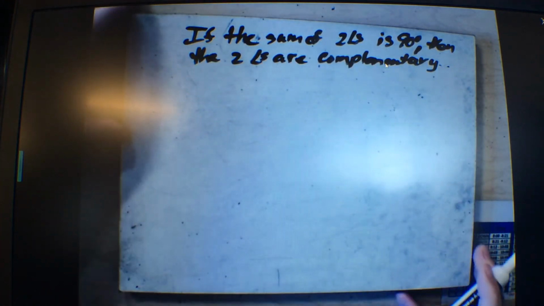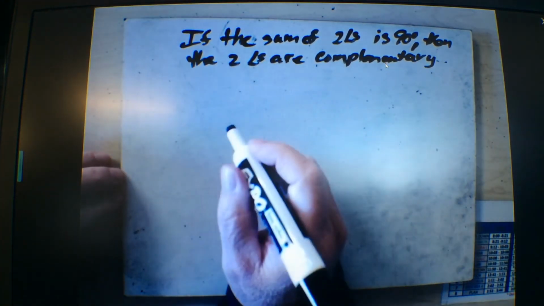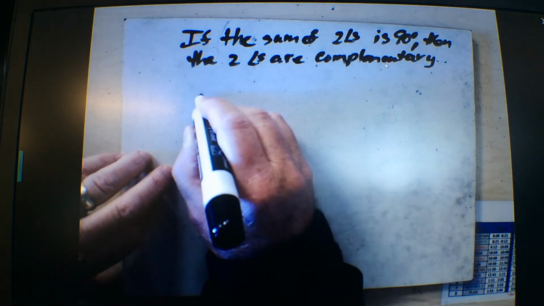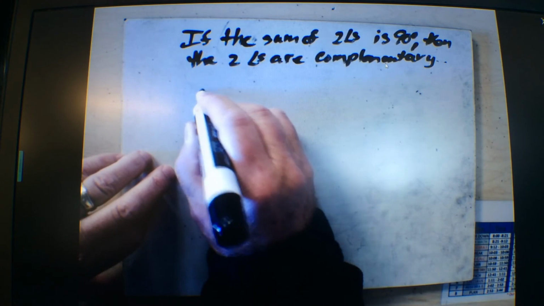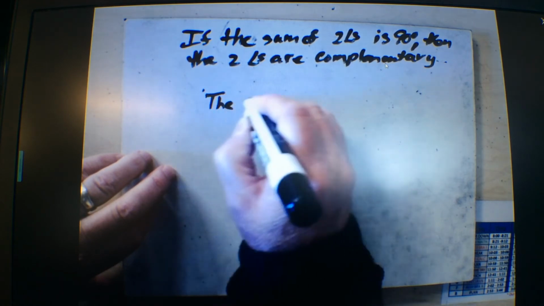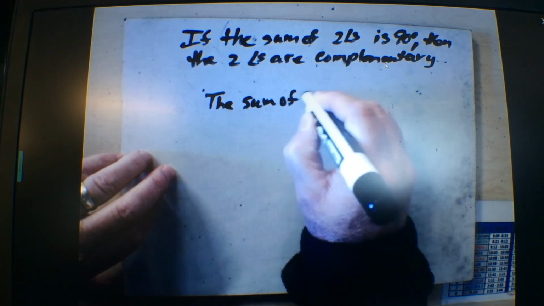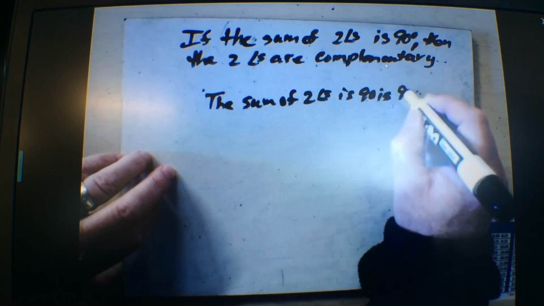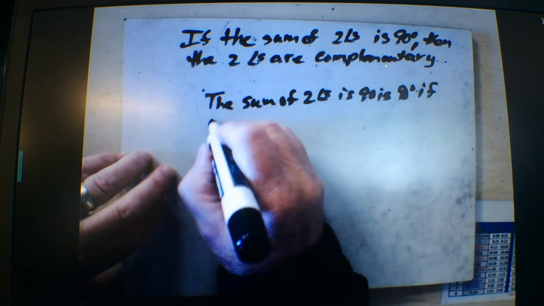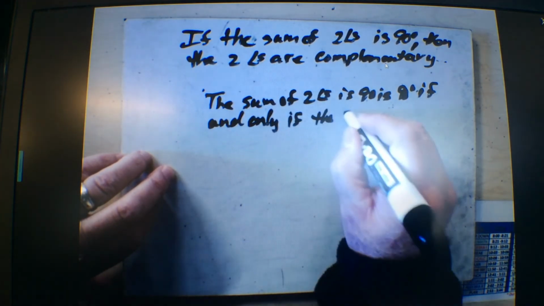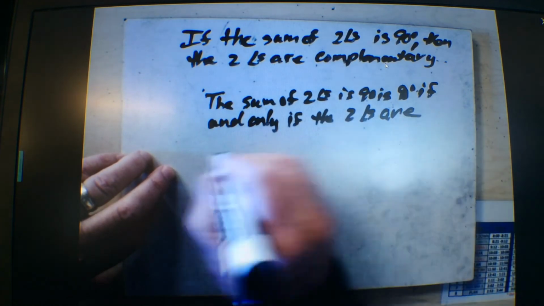So we can write it, and here's how we write it. The biconditional is kind of weird. It goes like this: the sum of two angles is 90 degrees if and only if the two angles are complementary.